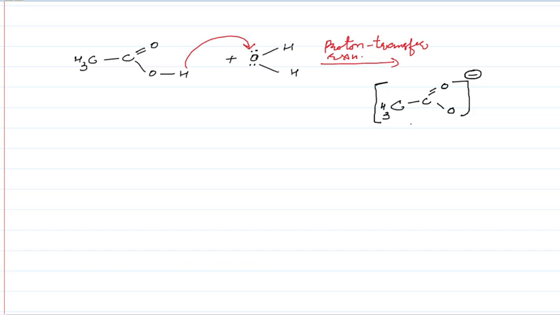So simply you can write it as an acetate ion plus hydrogen ion, and that means it will be shown like this as hydronium ion. This is simply a hydrogen ion. So here you have seen that two neutral molecules interact to produce ions. So this is one method of producing the ions.